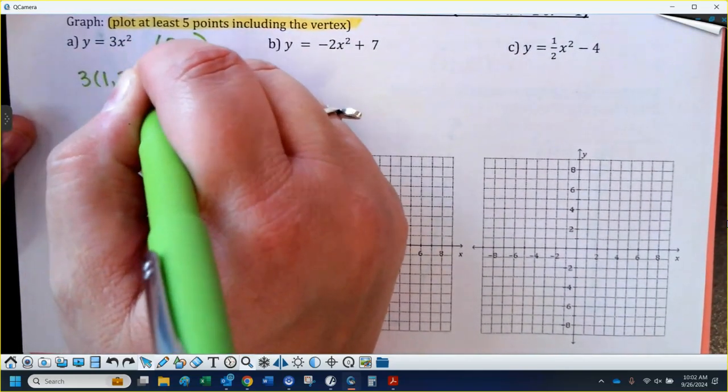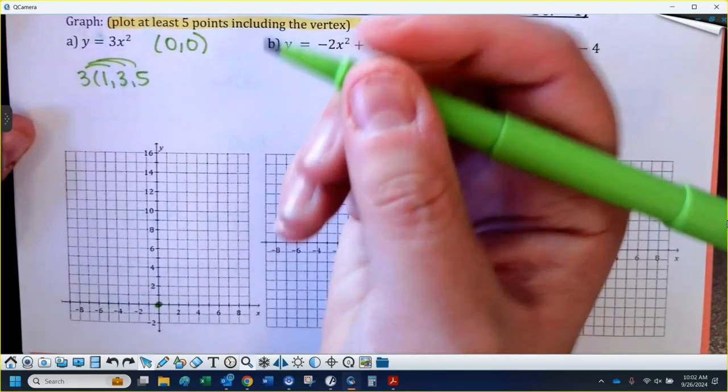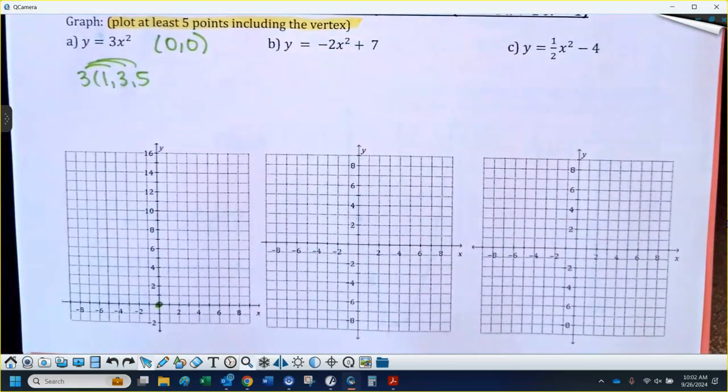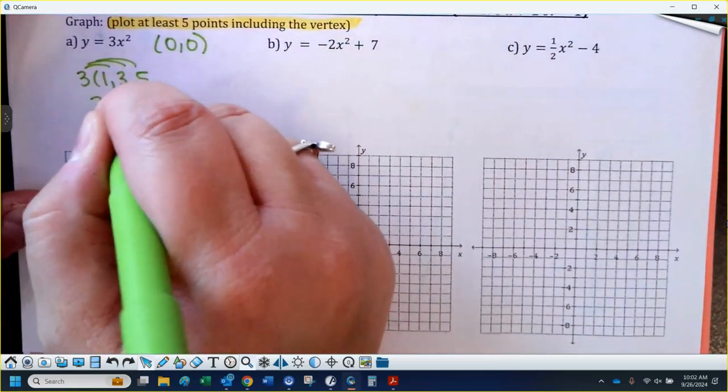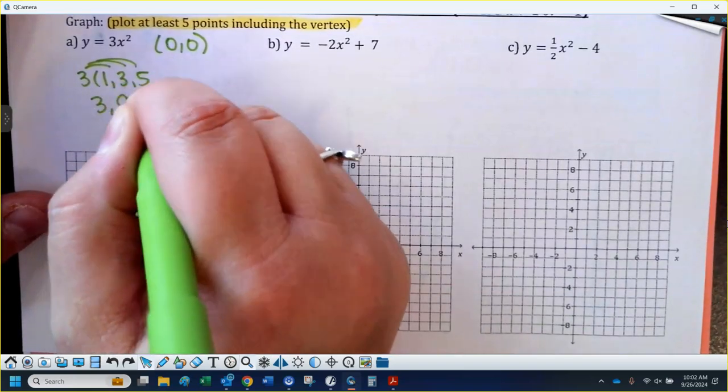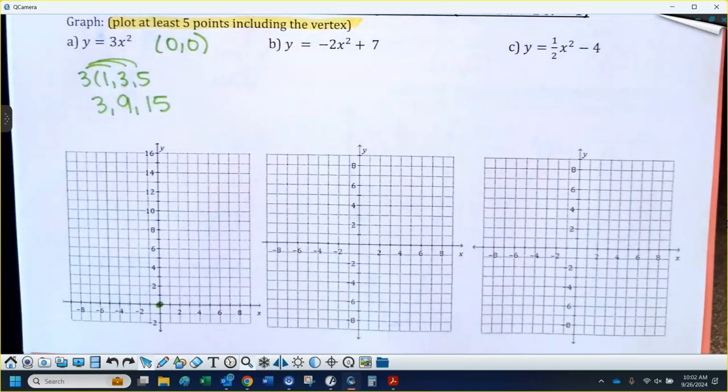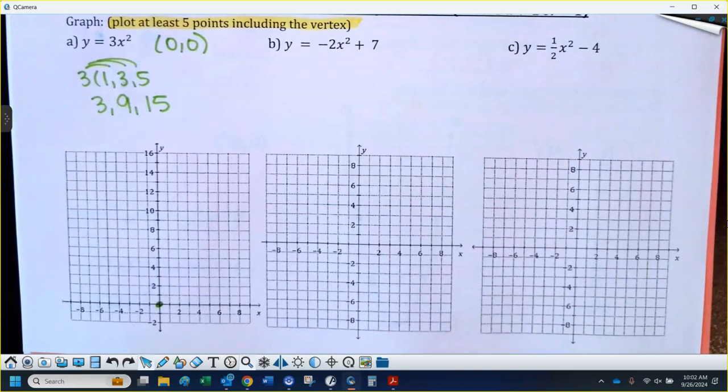So that's going to change how those perfect squares would be in terms of the pattern. So I'm just going to multiply that real quick. The new pattern for this graph would be 3, 9, 15. There's no way that graph is going to fit up on the screen to get the 15, but we should be able to at least get the first 2 steps.